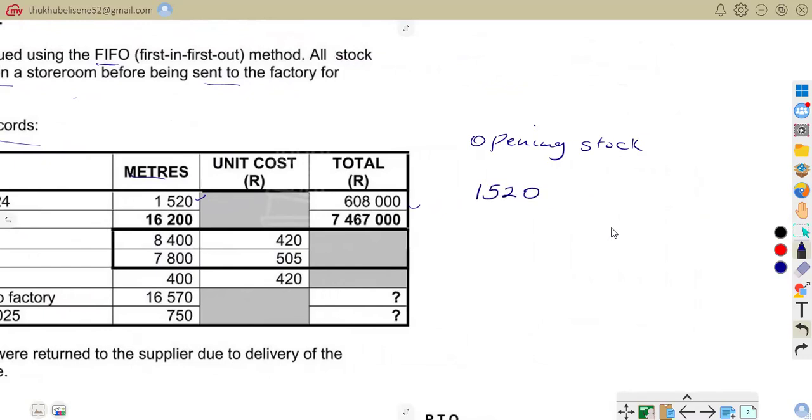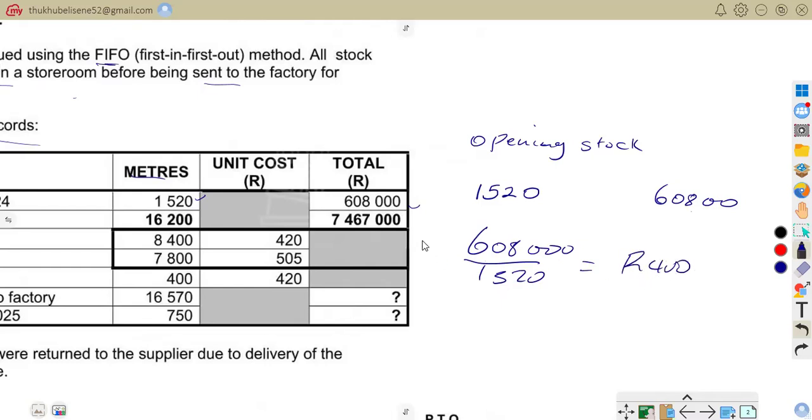So our opening stock is 1,520, which our total amount is 680,000. So it means if you can just divide 680,000 divided by 1,520, this will give us how much? This will give us 400.